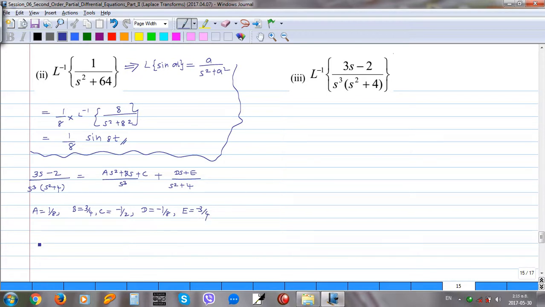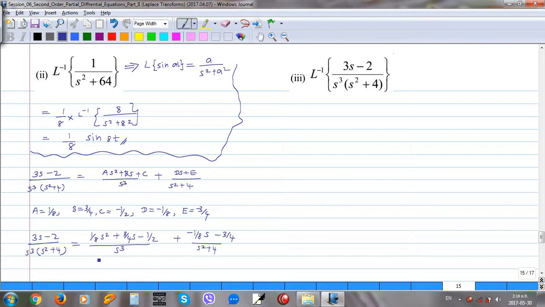Then I can write the expression equals 1 over 8 s, plus 3 over 4 s square, minus half s cube, plus (minus 1 over 8 s minus 3 over 4) over s square plus 4, right?